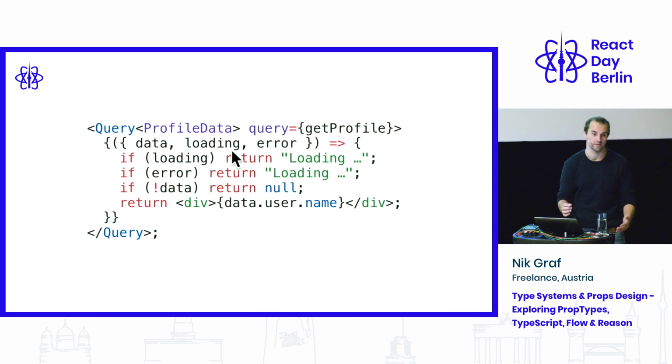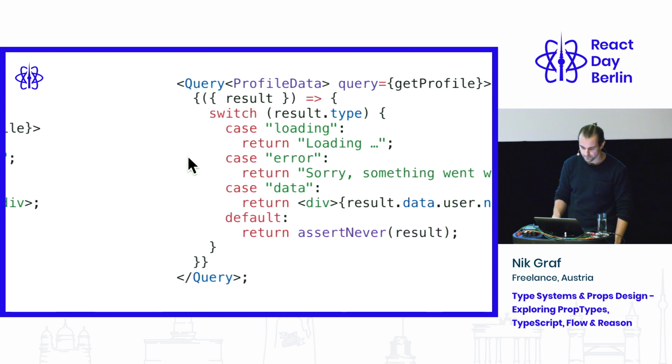You could miss it. For example, if you have the error before loading, and you click refetch, you don't even know if it's loading now or not. The props design, or in this case the render prop design, has a large impact on how your developers can create a better experience.